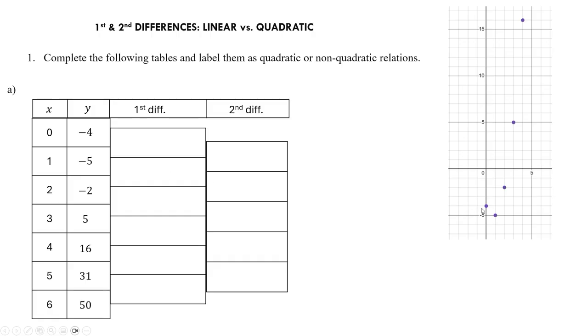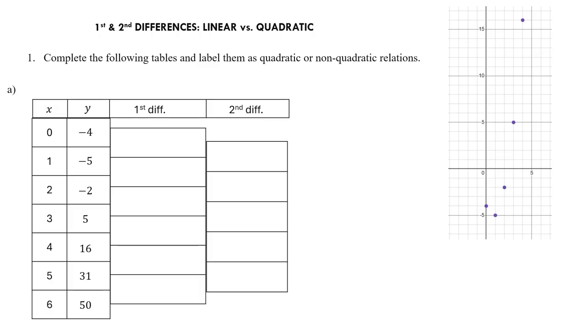Well, let's look over here on our graph, and these are the coordinates that are in the table plotted on a graph. So here we have a y value of -4 at the point (0, -4), and here we have a y value of -5 at the coordinate (1, -5). So what these tables are interested in is what is the difference in the y value as we go from here to the next coordinate?